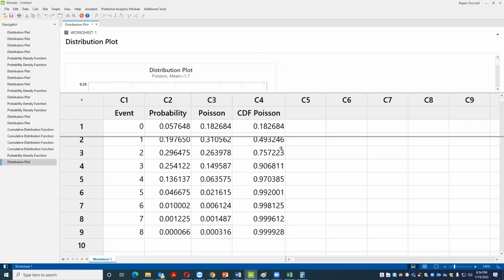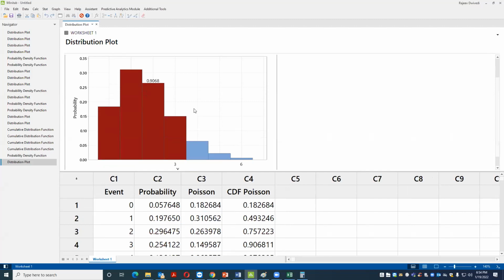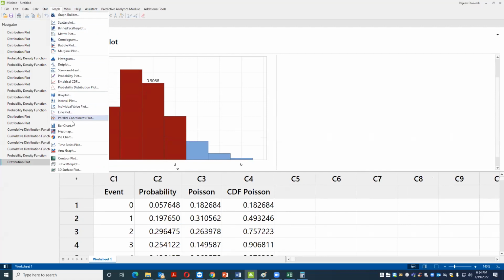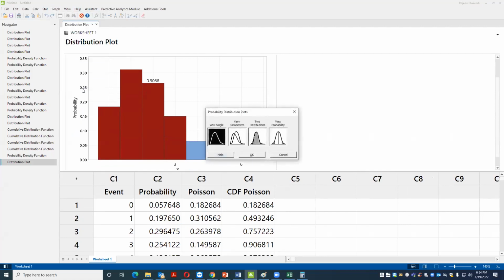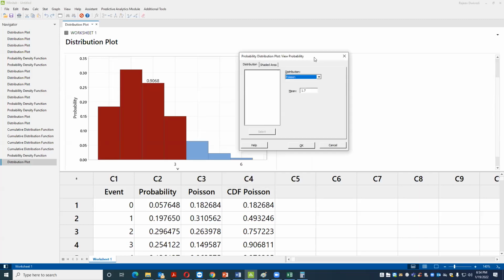So I'm going to make a problem based on this graph, probability distribution. The average arrival per minute is 1.7 customers in a bank, a credit union. Now I want to know what is the probability that more than 3 customers will arrive in a given minute of time.